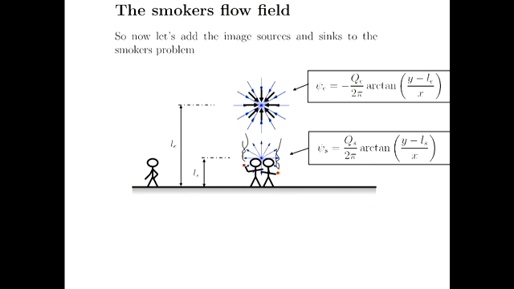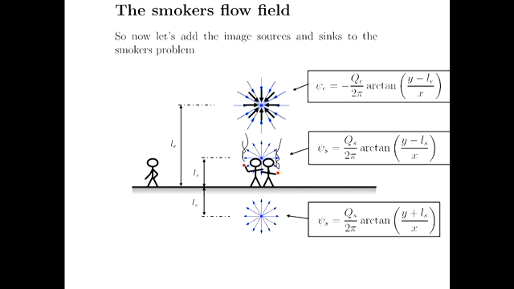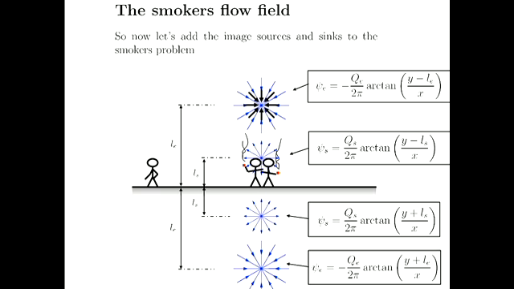All right, anyway, back to that smoker's problem. We've got a source, the smokers, and a sink for the extraction fan. Now what I've got to do is add a mirrored image source and an image sink below the smokers.